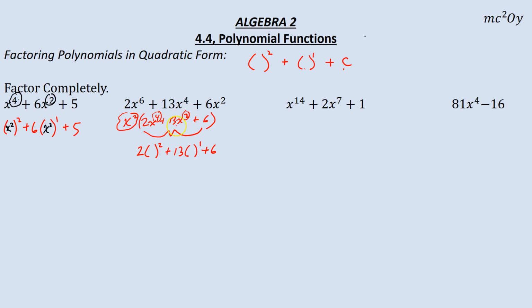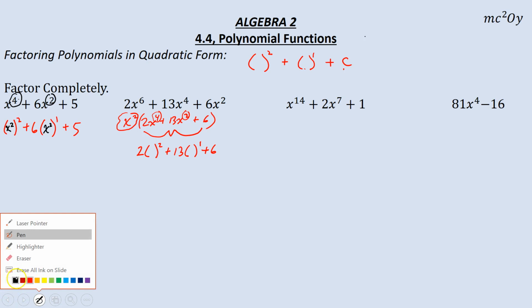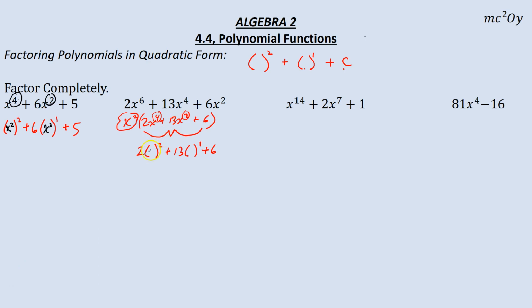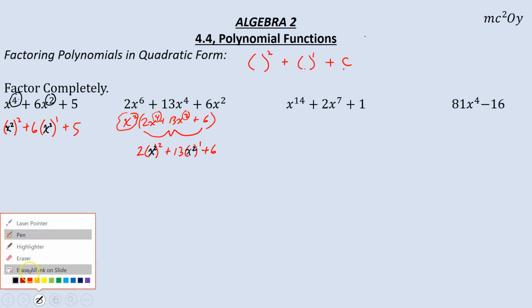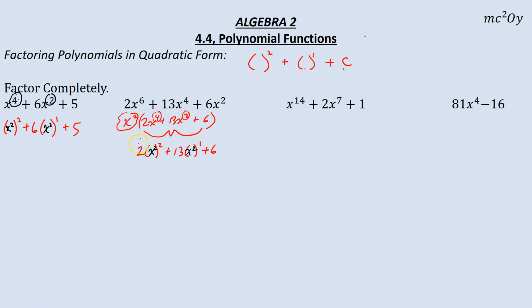This is twice that one. So this is going to be x squared and x squared to the first. I'll put that in parentheses, and I'll bring this x squared back down here.